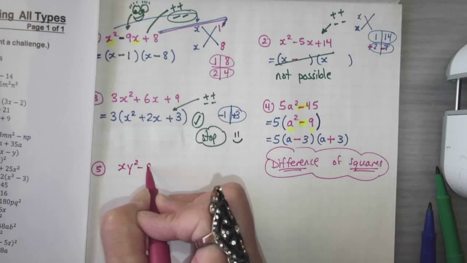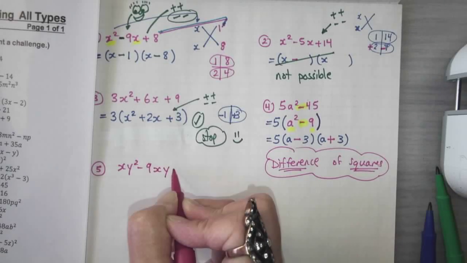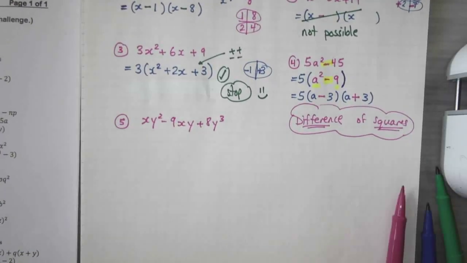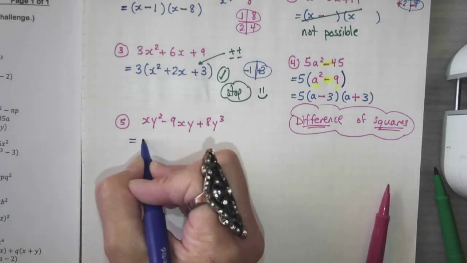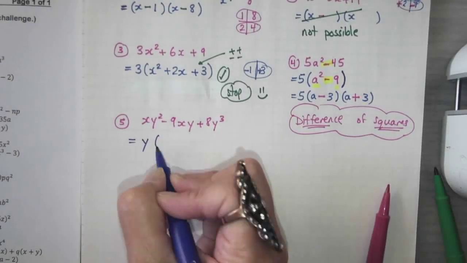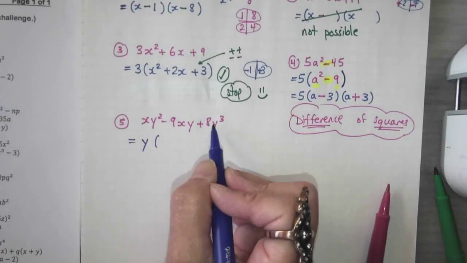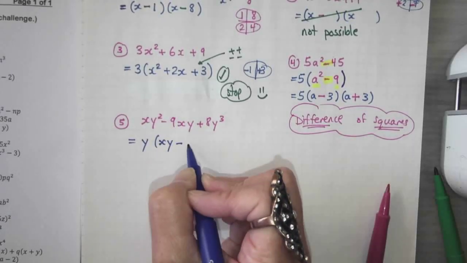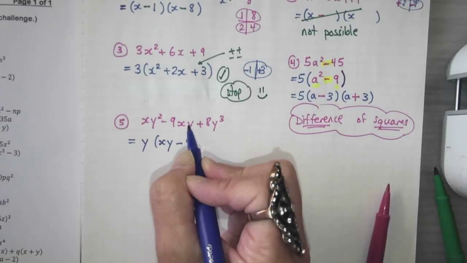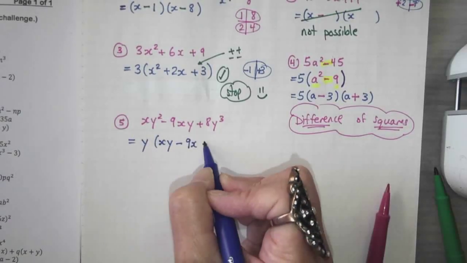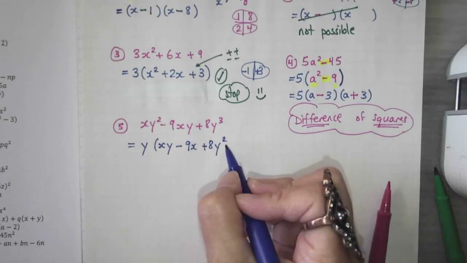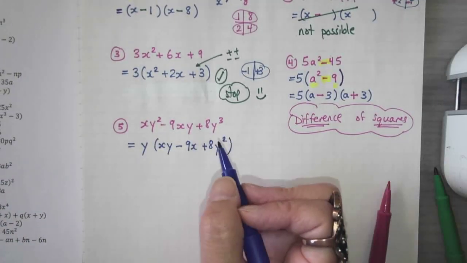Okay, so let's start with that. So we're going to write down the question, xy squared minus 9xy plus 8y cubed. So I see a common factor of y. Write down what's left over. I can't take out x from all of them, so I can go xy. This one, I'm going to take out the y, so I'm left with 9x. The y went out here. And this is 8y squared.